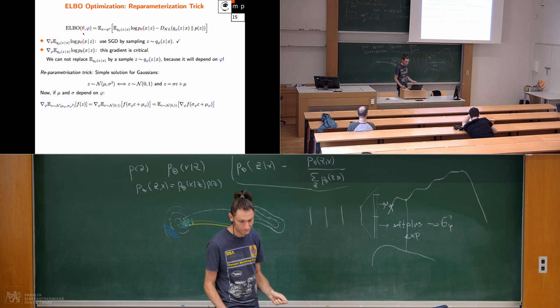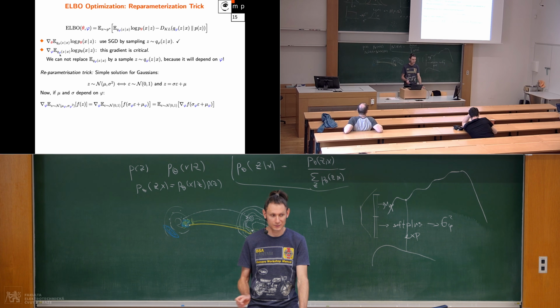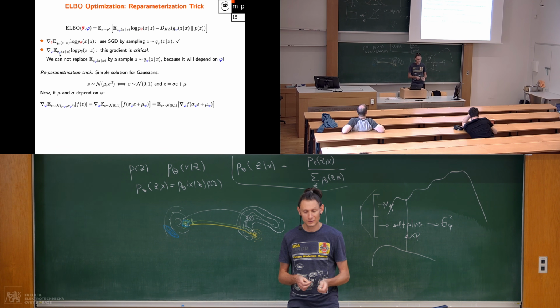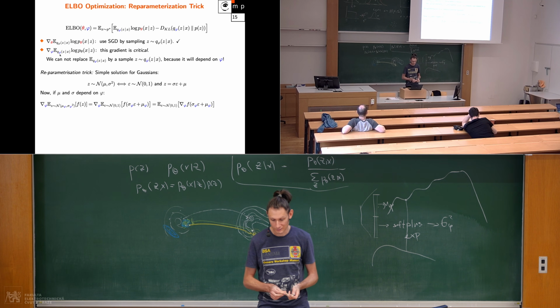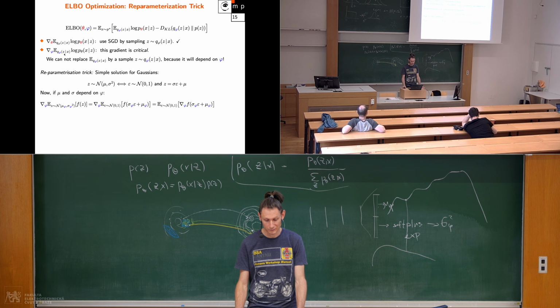Now for the gradient with respect to the encoder parameters, this is a little bit more complex. We have the dependence on the parameters here in the expectation. And this is the difficulty, because we cannot easily swap this expectation that depends on the parameters with the gradient in those parameters. That's not legal.